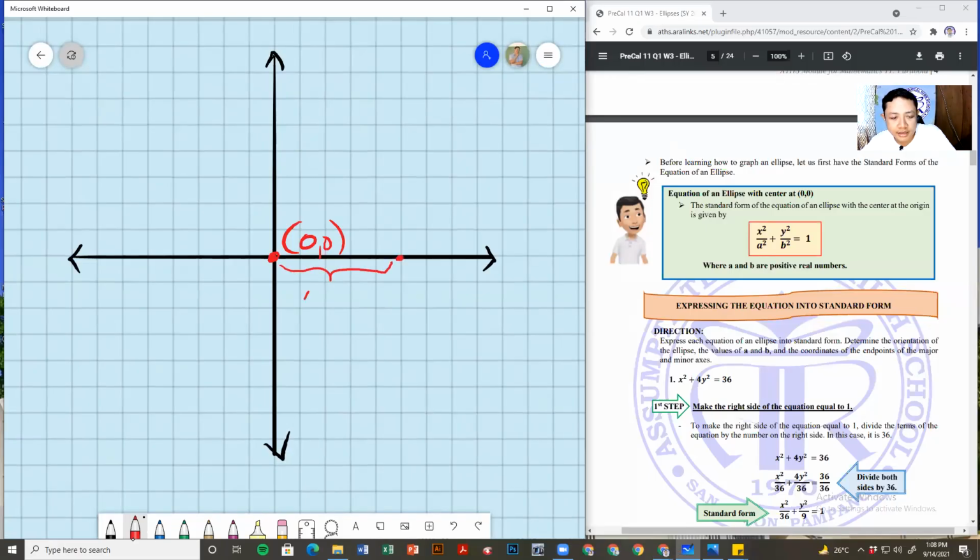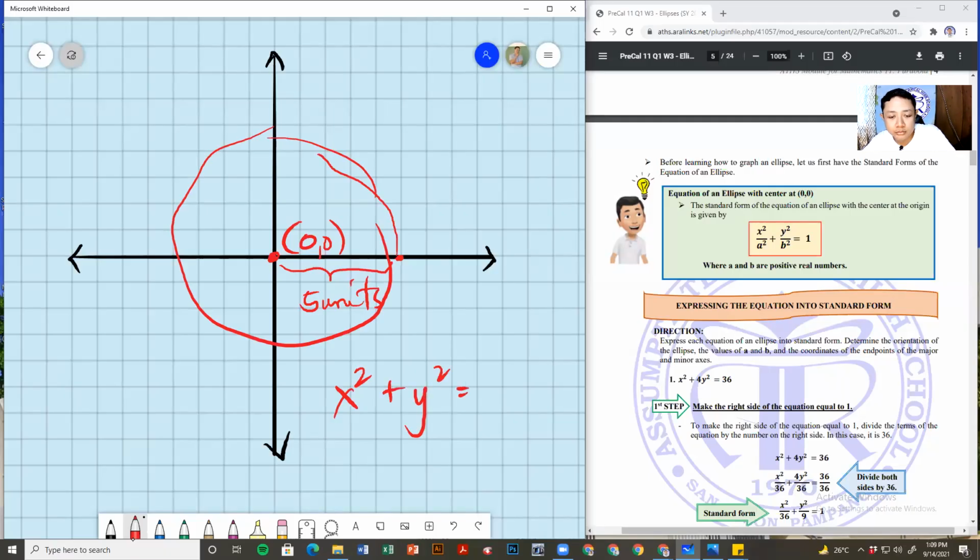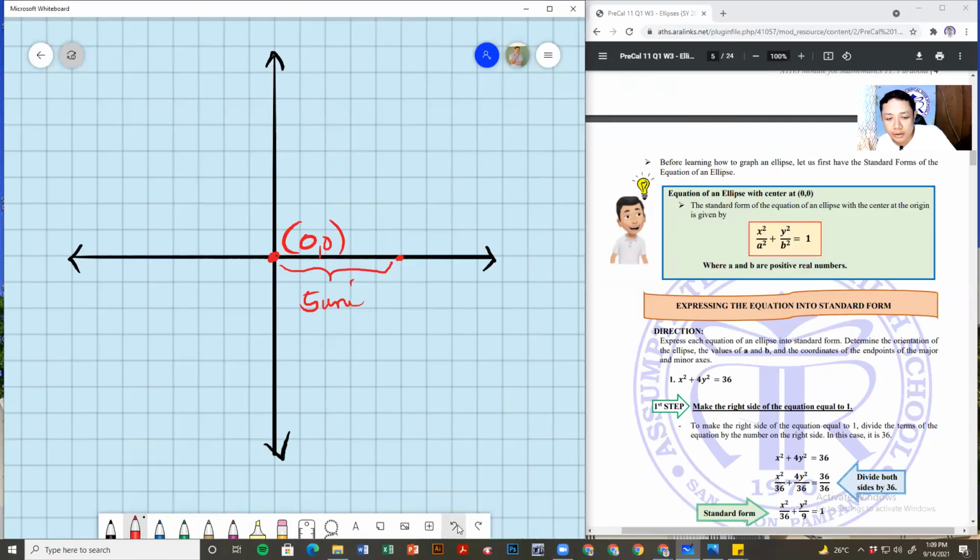So our radius is 5 units. So the equation of this, assuming we have a circle formed here, will be x squared plus y squared is equal to 25, 5 squared. However, this is if we have a circle. Take note of that. And if we are talking about the ellipse, ellipse is a different story because aside from the center, we also have the foci.